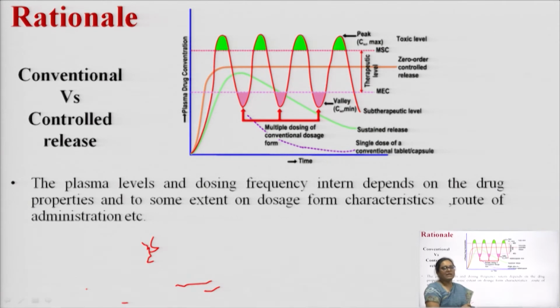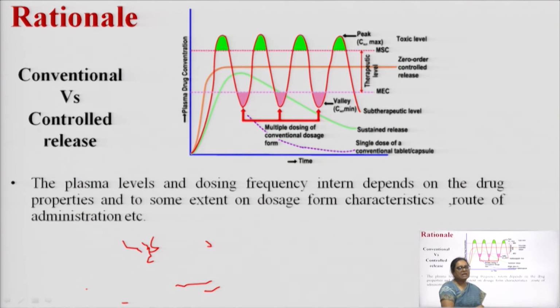So, in case of a conventional drug delivery, in order to maintain the plasma concentration within the therapeutic range, that is between the minimum effective concentration and maximum safe concentration, we have to continuously administer the drug at regular time intervals, and then the plasma levels would be maintained within the therapeutic range.